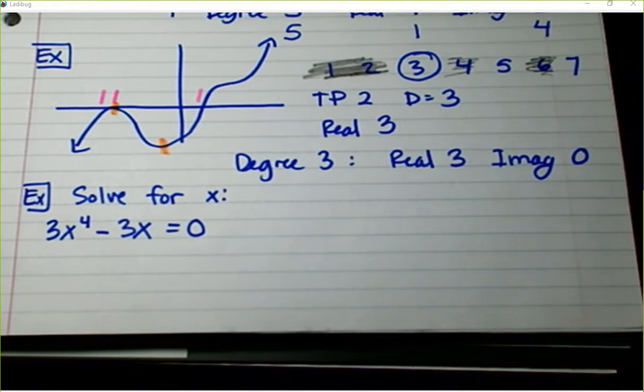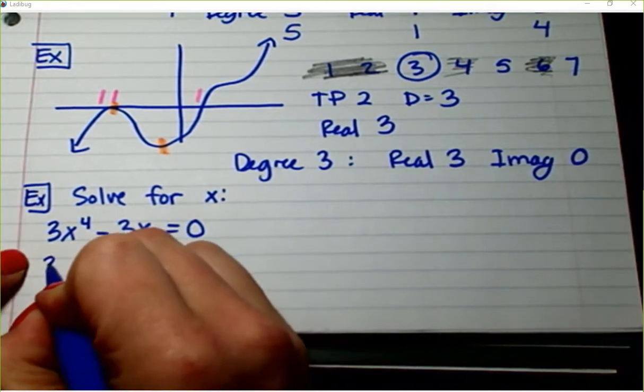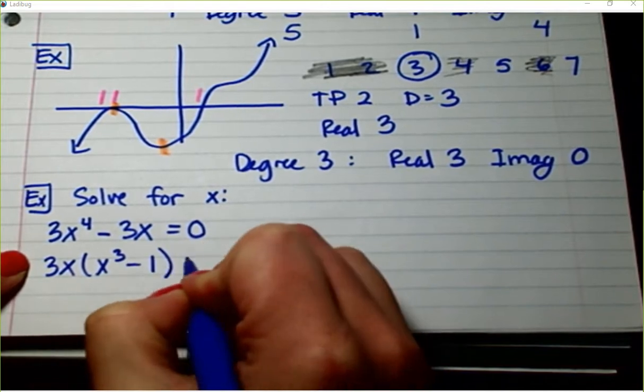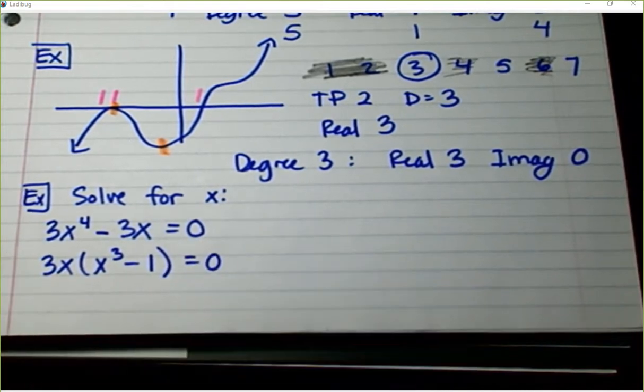Okay, how do you solve? By factoring. So factor it. I see a GCF of 3x. I'm going to do another little iteration on my factoring skills.